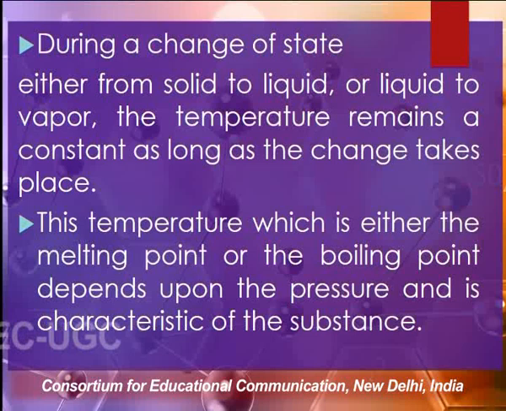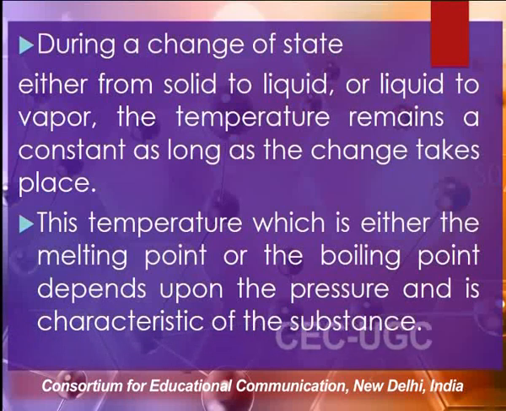This equation is known as the Clausius-Clapeyron equation. It is one of the most important formulae in thermodynamics and gives the rate at which the vapor pressure must change with temperature for the two phases to coexist in equilibrium. Now what happens during a change of state? During a change of state, either from solid to liquid or liquid to vapor, the temperature remains a constant as long as the change is taking place.